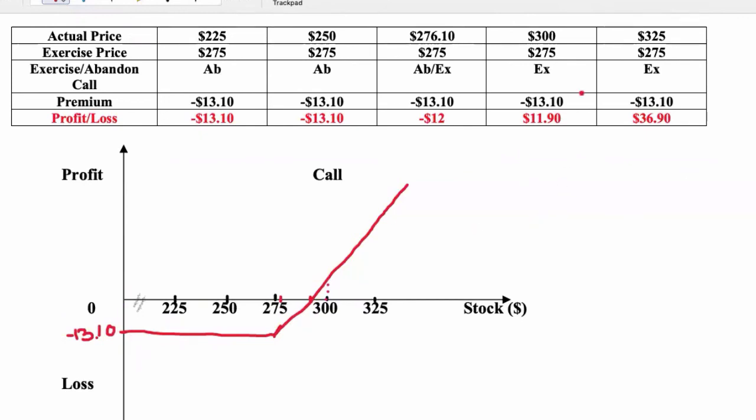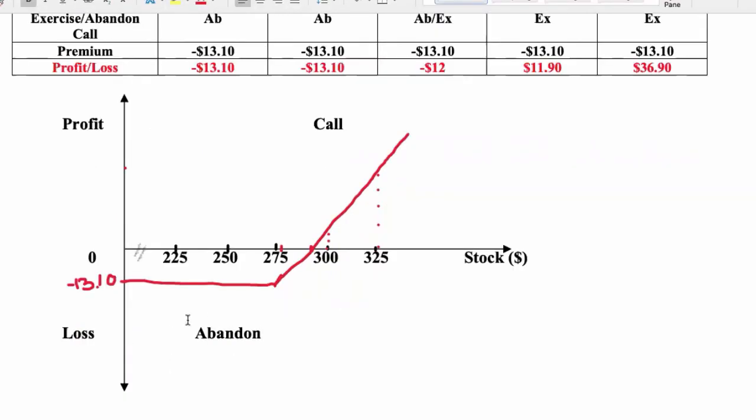And again, at 325, if I go up at 325 and across, I will have a profit of 36.90, which again, you don't have to mark these off. This is enough. Write a few notes. We abandon at points here below the strike. You're only repeating really what we have up on the table anyway.